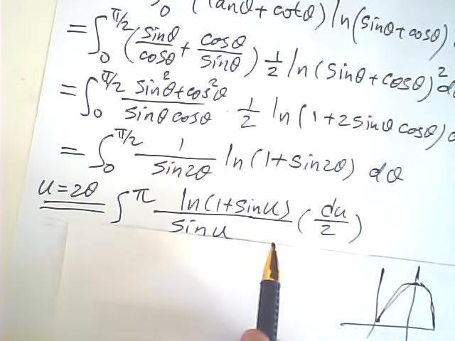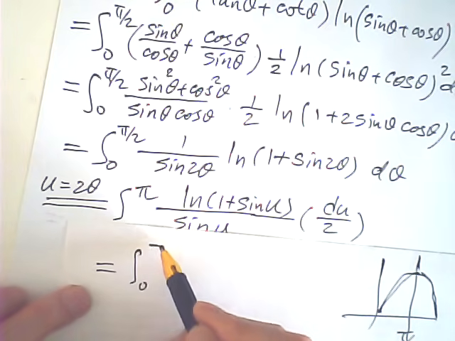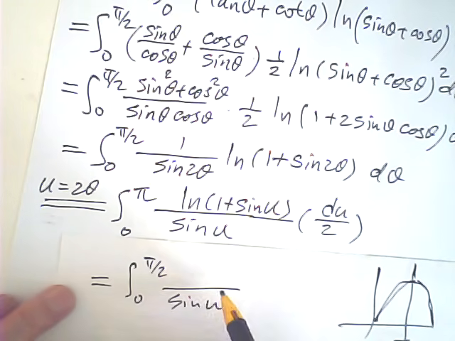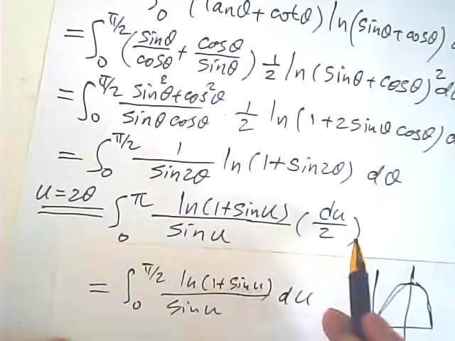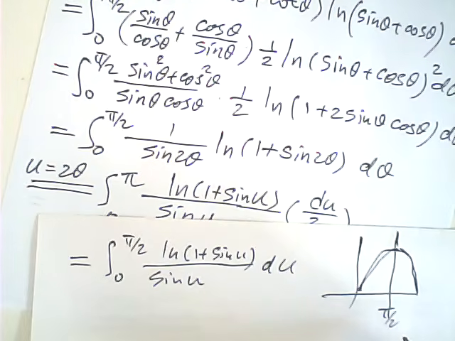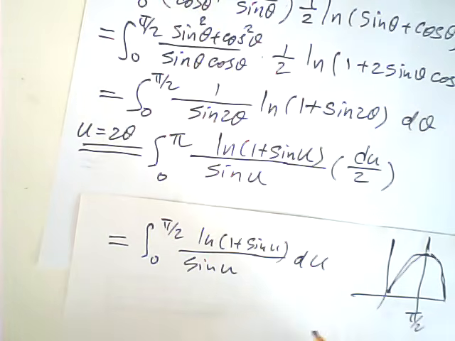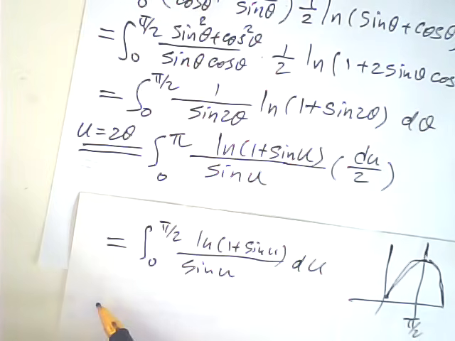So this one is equal to 1/2 of this, right? Equal to half, sine u log of 1 plus sine u. This is equal to this because of symmetry. Now, if you don't like symmetry, we can prove it. Let me try to prove this one. Okay, prove this one is equal to this.